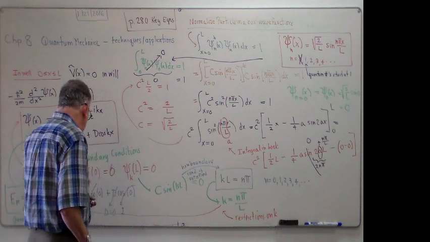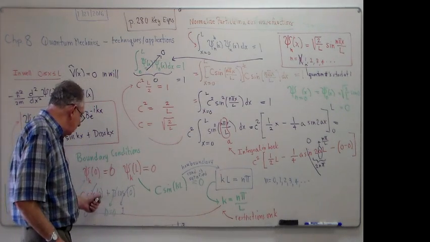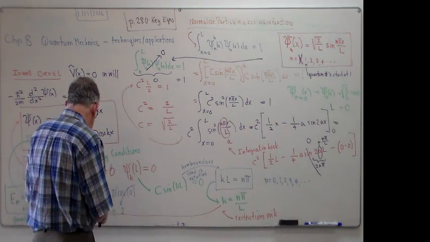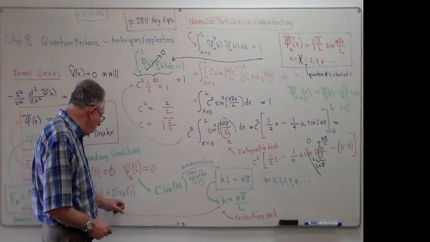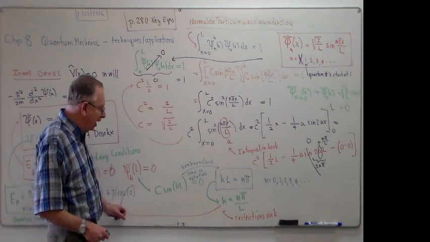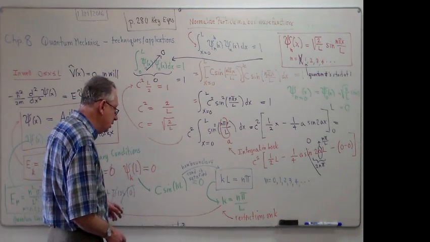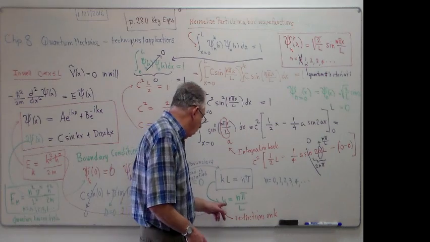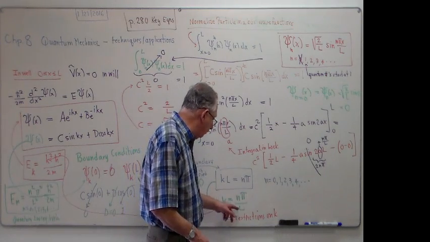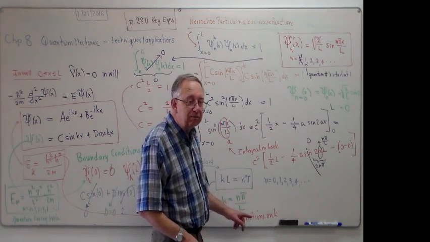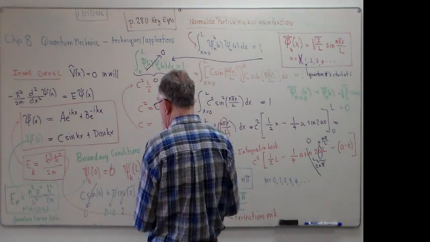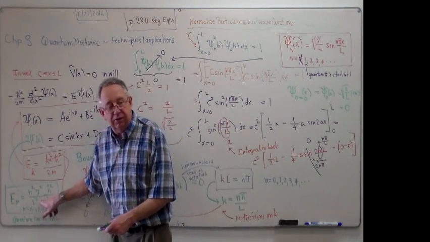then we have boundary conditions at x equals 0 and x equals L. x equals 0 throws all the cosines away. x equals L says you can only have certain values of k, or k equals n pi over L, where n is an integer. Then we get quantum energies.